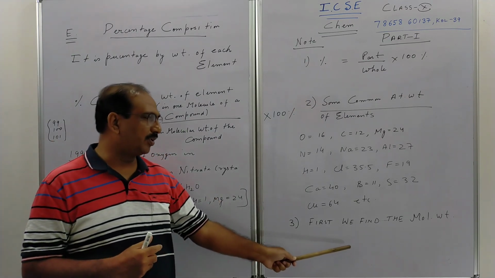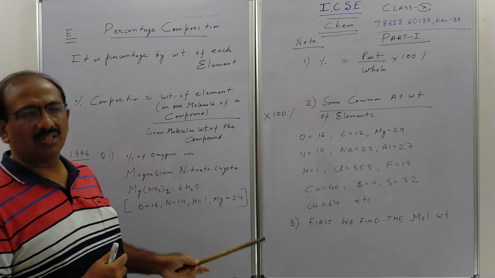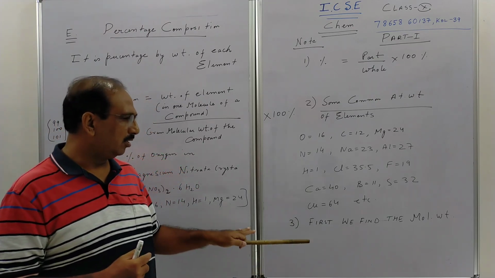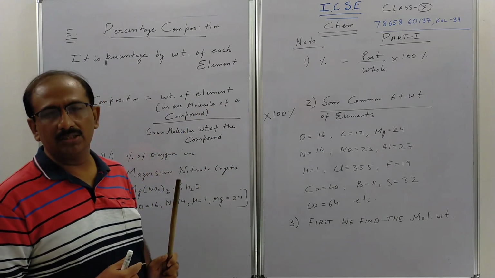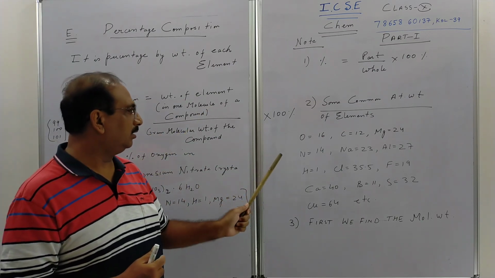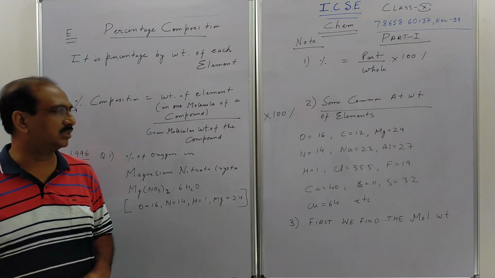First we have to find, children, the molecular weight. In class 9 also you have seen how we find molecular weight. Here first we will find the molecular weight of magnesium nitrate. In ICSE, generally 2 things are always given in these questions.